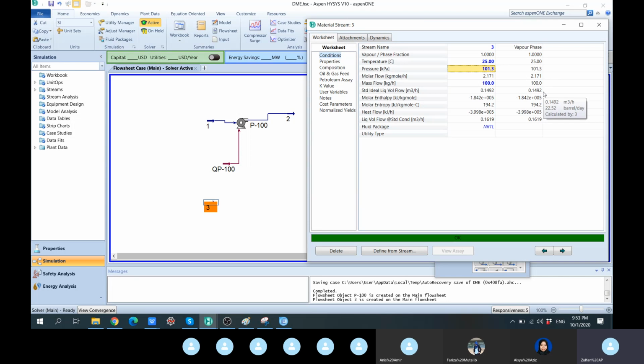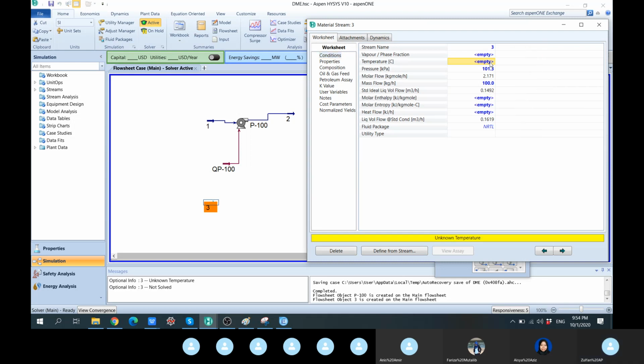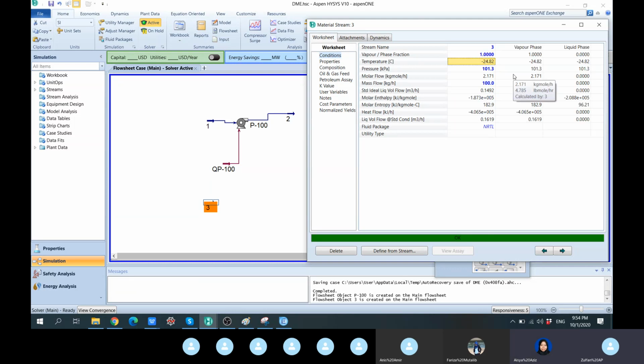And if you'd like to know the dew point, or the saturated vapor conditions of the DME at this pressure, what do we need to input? Vapor fraction. So I want a saturated vapor. What is then the vapor fraction? 1.